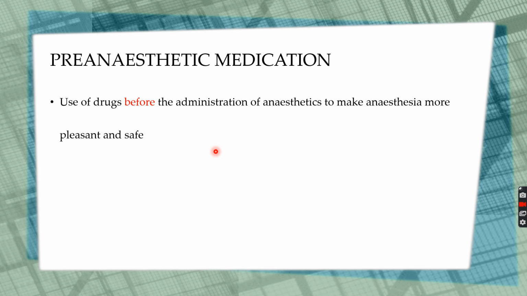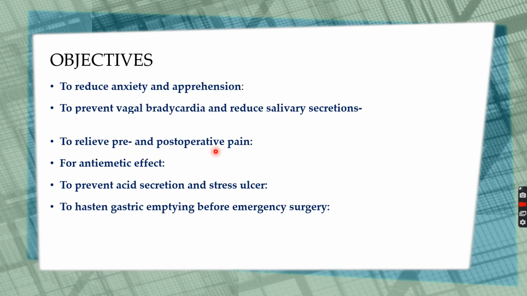The main aim of pre-anesthetic medication is to make the anesthesia more pleasant and safer for the patient. So what are the objectives of pre-anesthetic medication? First thing is to reduce anxiety and apprehension. If the person is calm, then the induction of anesthesia will be much faster.